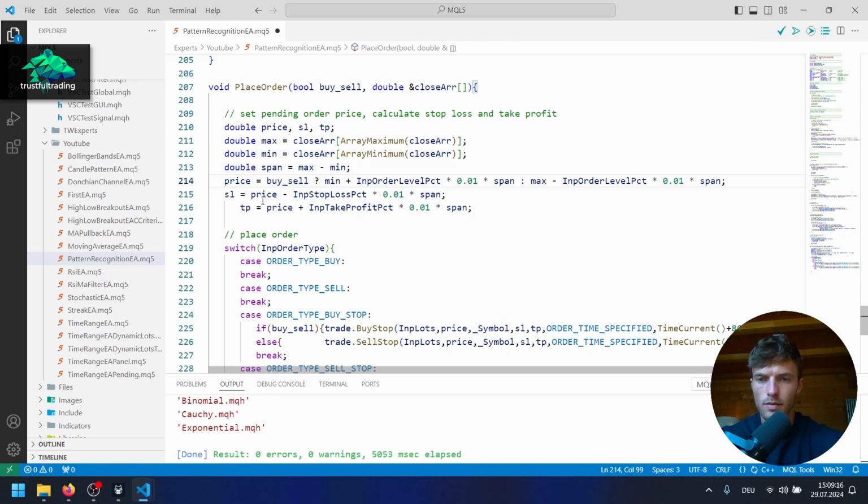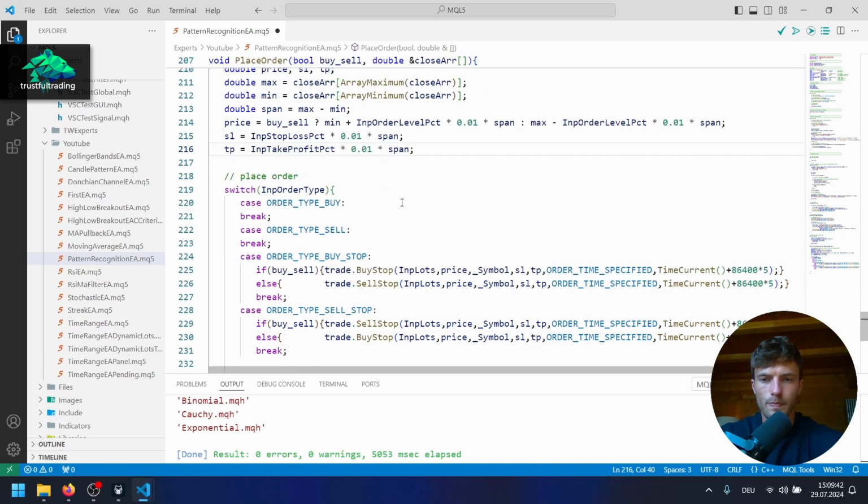So like this. And then we calculate the stop loss and take profit depending on the price. Or here we just want to save the actual distance, the size of the stop loss and take profit. So like this. And in the order type, we need then subtract or add it to the price level.